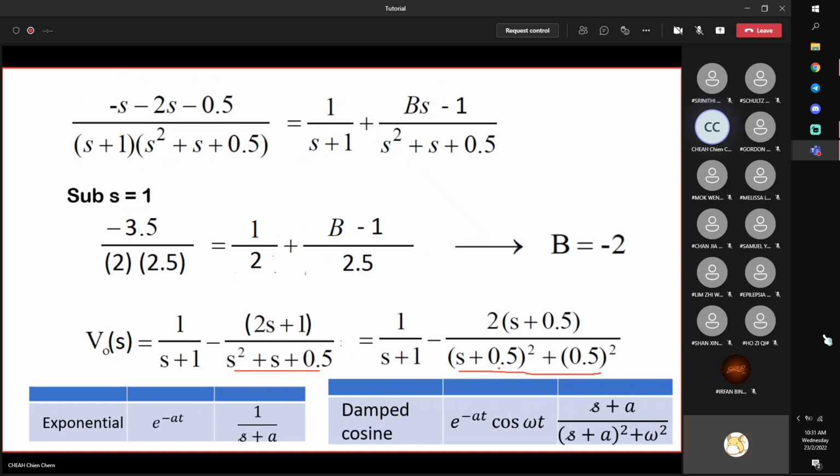You can see that a is equal to 0.5, and omega is actually equal to 0.5 as well. But the numerator you must match carefully. The numerator is actually 2s plus 1, but here you want s plus a, that means s plus 0.5, where a is 0.5. It is fine, because what you can do is take out 2, then you have s plus 0.5.